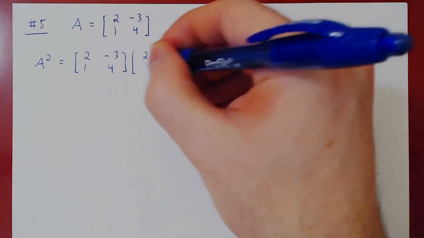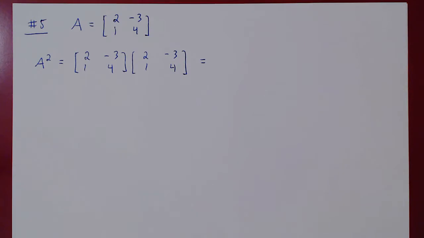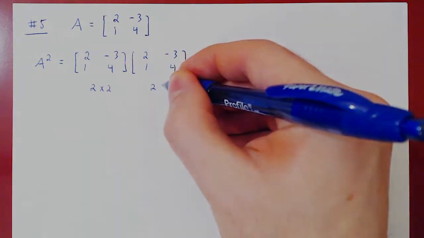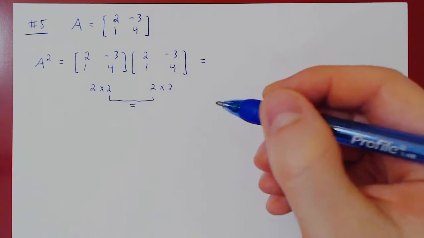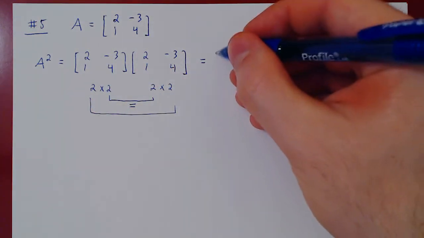And as we just saw, if you multiply a square matrix with itself, the size does not change, right? This is a 2 by 2 matrix. This is a 2 by 2. 2 equals 2. So we can multiply, and the result is a 2 by 2 matrix also.